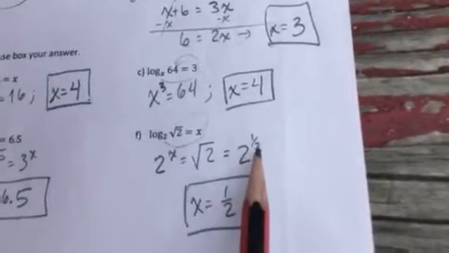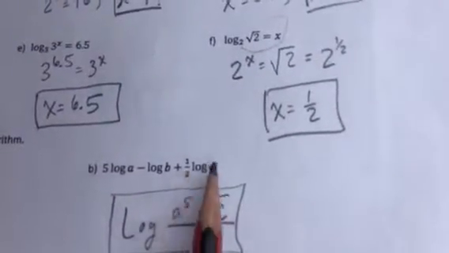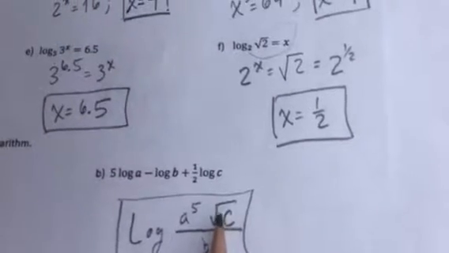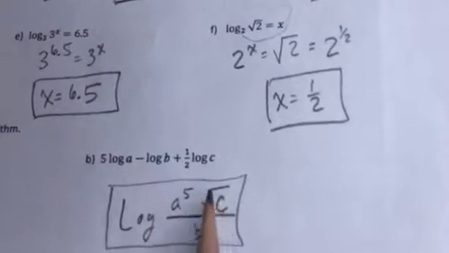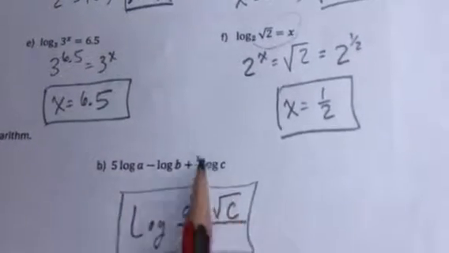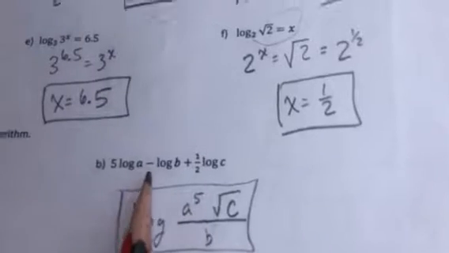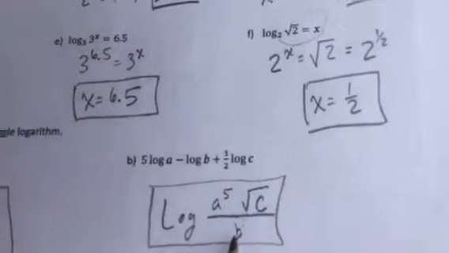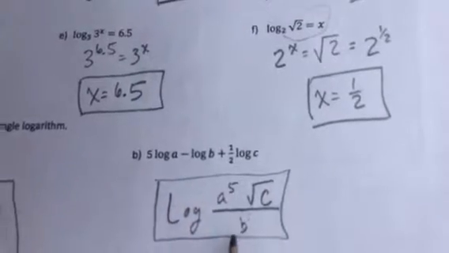Square root of 2 is 2 to the 1/2, and so c to the 1/2 is the same as square root of c. It works both ways. But a to the 5th and square root of c are both positive, so those values will be on the top of the fraction, and this is the only negative one here, minus log b, so that goes on the bottom of the fraction. So here's your answer for that problem.